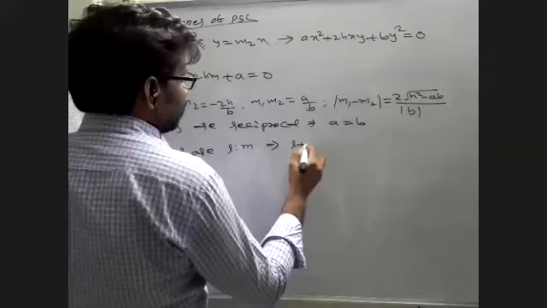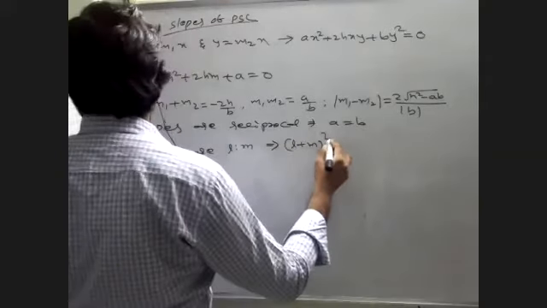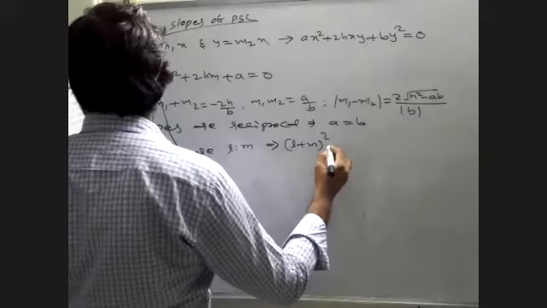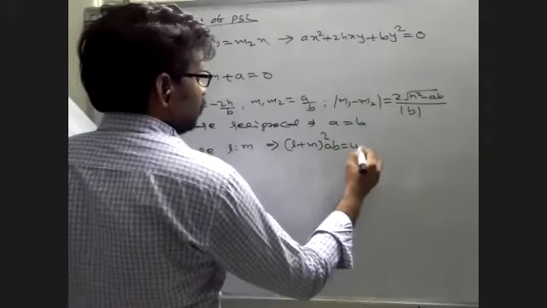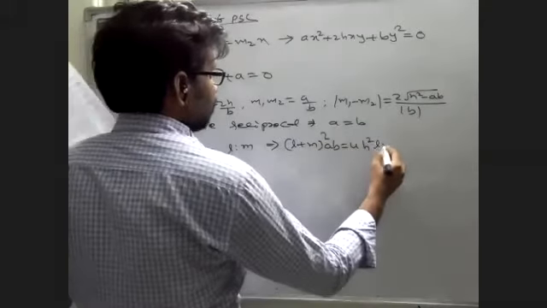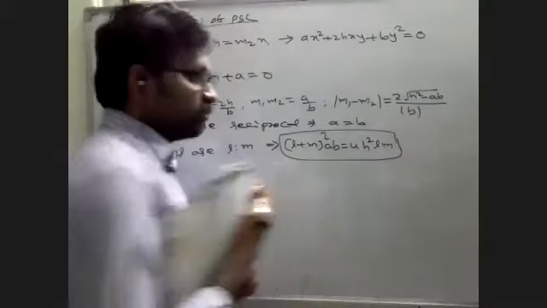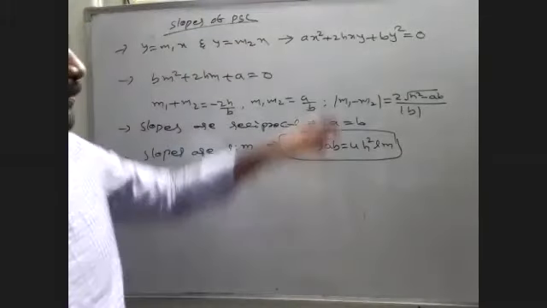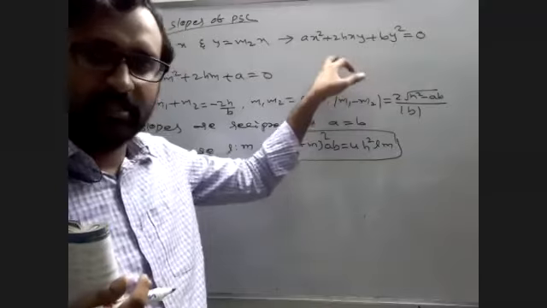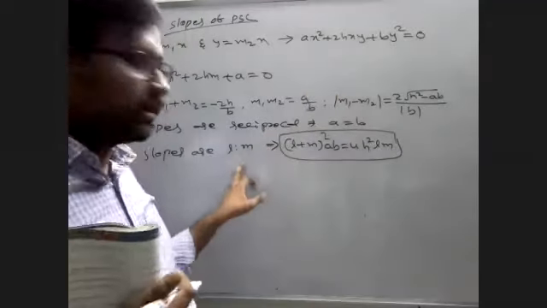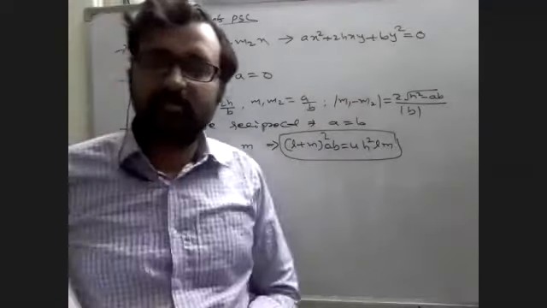(L plus M) whole square into AB is equal to 4H square LM. This is the condition.